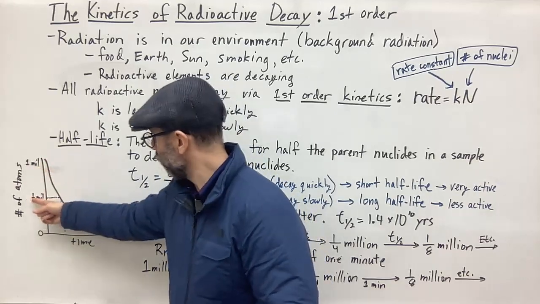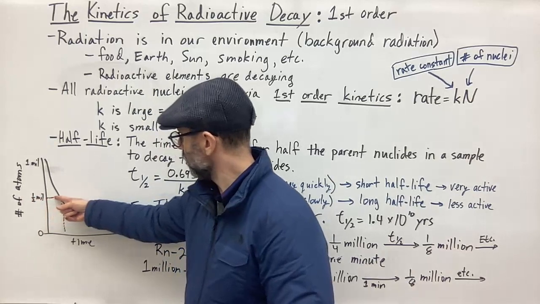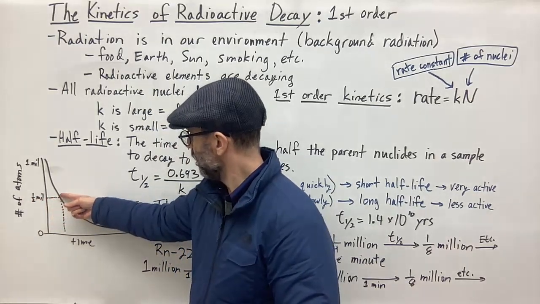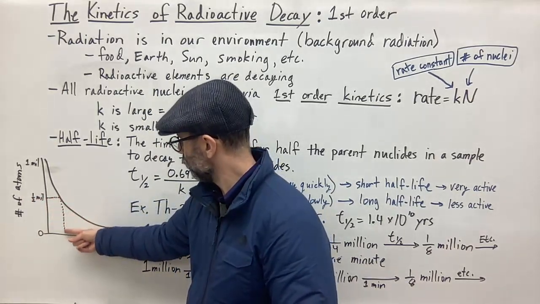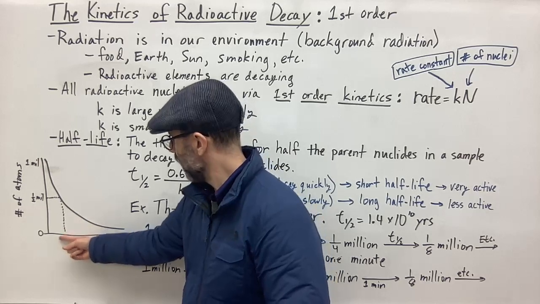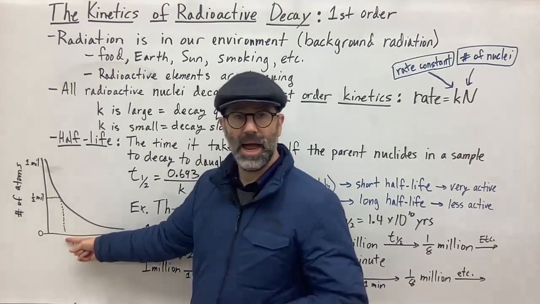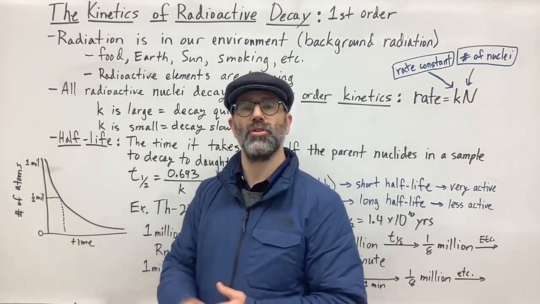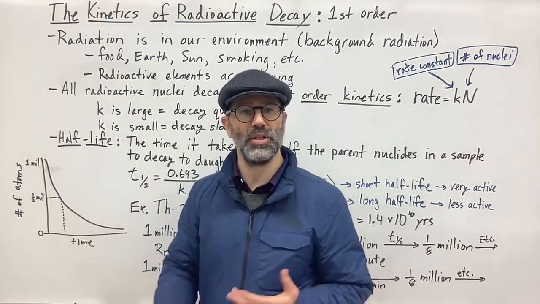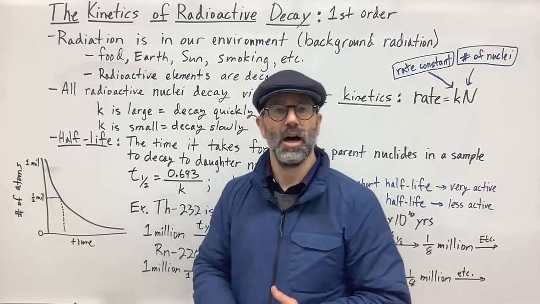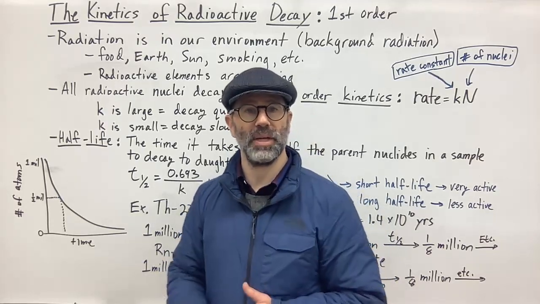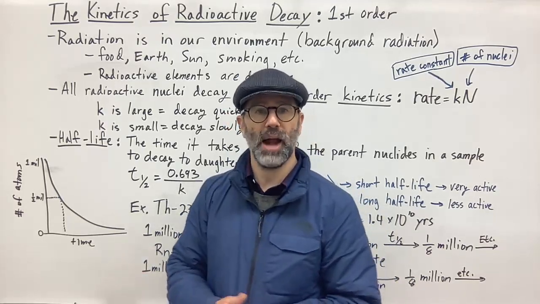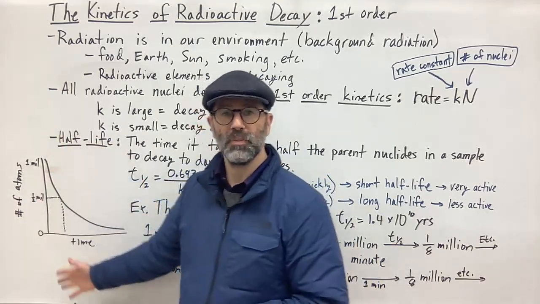I find the halfway mark. I go across until I hit my graph. And then once I hit the graph, I go down to the x-axis for the time. And that would give me my half-life for this particular isotope. And you could do that with any graph that you're given. You could always figure out what the half-life of a particular element is from the graph if they give you the graph. And it's that simple.